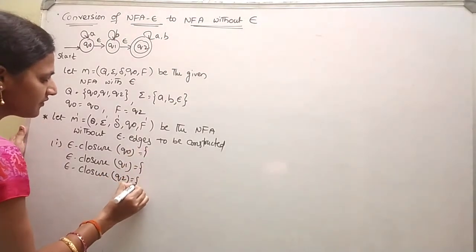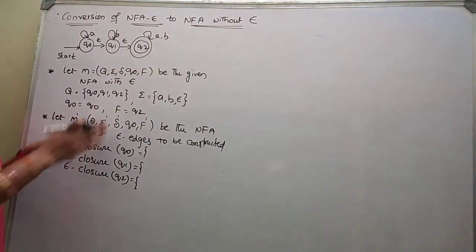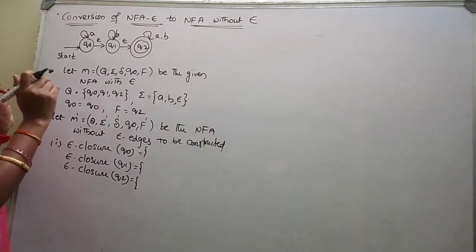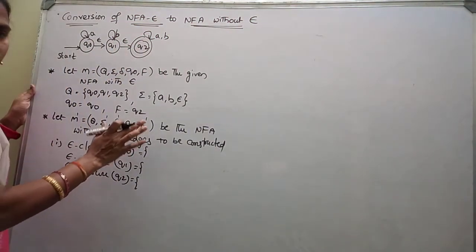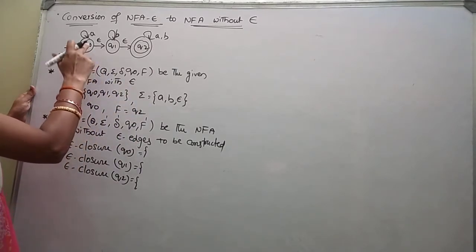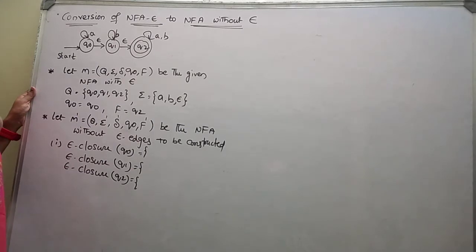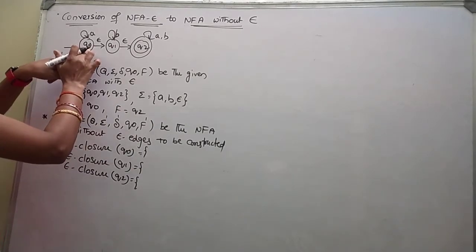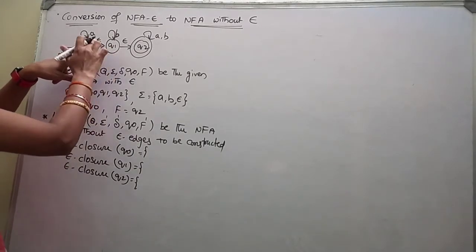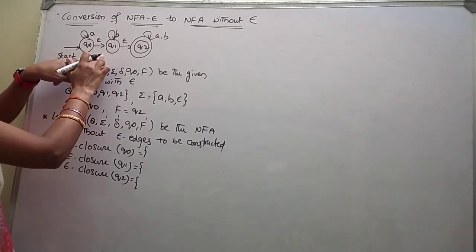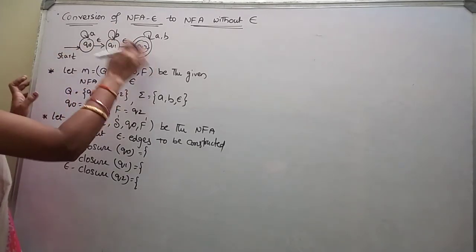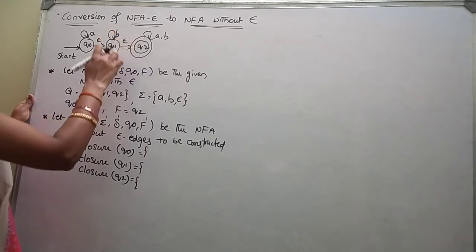So in the computation of epsilon closure, we just need to observe the given finite automata. Are there any closures for the state q naught by taking epsilon as a transition? Yes, from state q naught to q1 we have a transition, that is epsilon. From q1 to q2 is also a transition for epsilon.